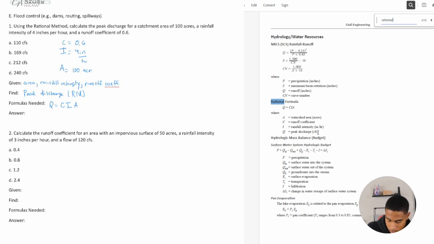So just something to note. All right, so Q is equal to CIA. Q is equal to 0.6 times 4 inches per hour times 100 acres. And now I know my Q is equal to 240 cubic feet per second, or D.